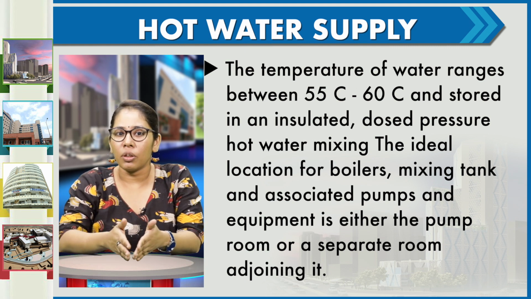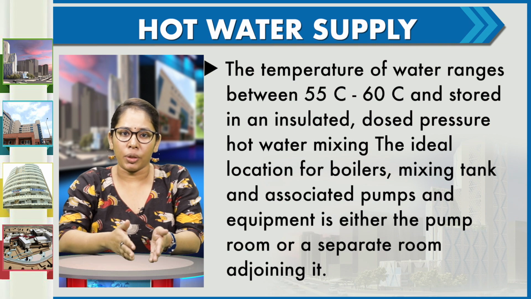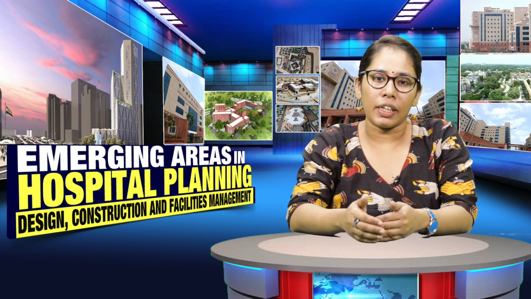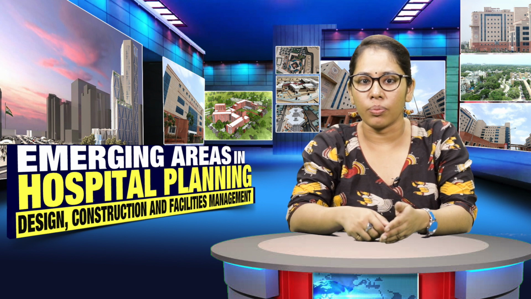So, the best suited location for any boiler, mixing tank and associated pump is a separate pump room or a room adjoining to it. The exhaust flue gases from the hot water boiler should be taken above the building as a statutory regulation and discharged into the atmosphere. The complete hot water system should be distributed to various utility outlets using insulated GI pipes.